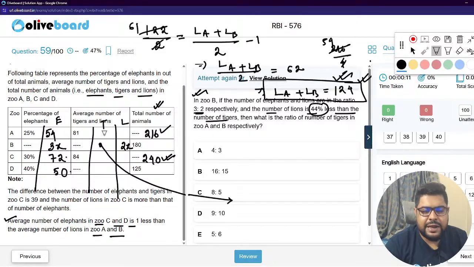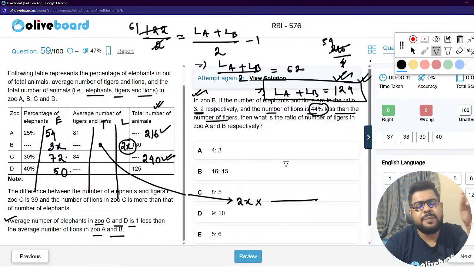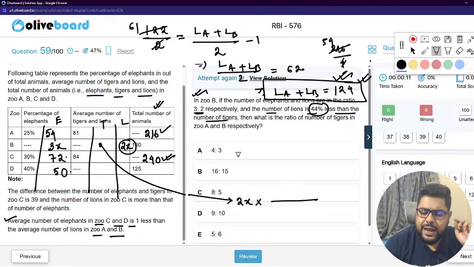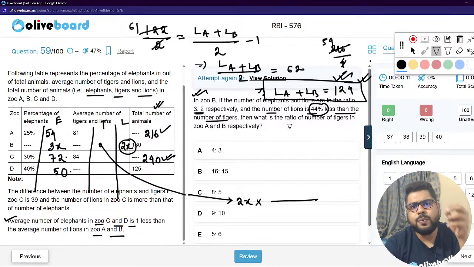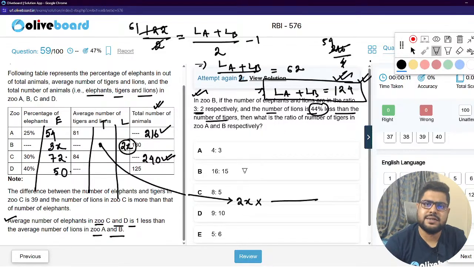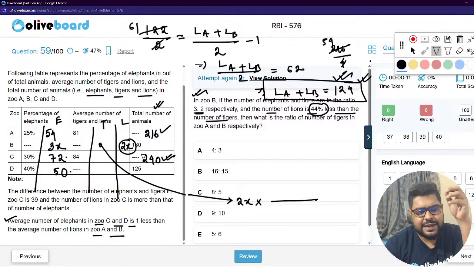Number of lions we know is 2x. It represents what? The number of lions is 44% less than the number of tigers. 44% less, meaning it is 56%. The number of lions is 56% of the number of tigers.